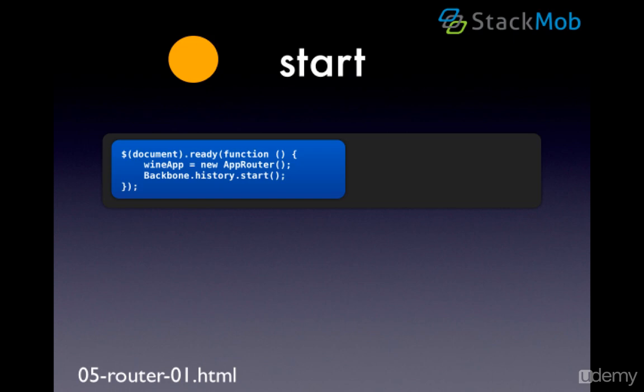So remember before we were pointing and we were saying wine app equals new home view? Well, instead of actually calling our view directly, I'm actually creating a new instance of the app router, which then will create my home view for me.